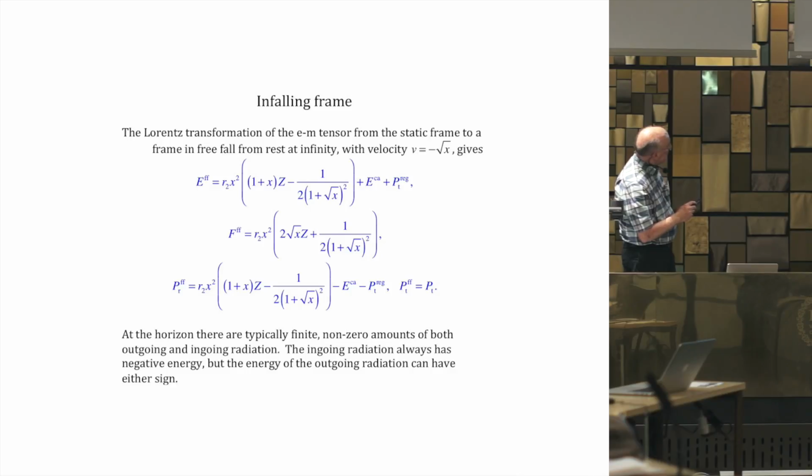So in the freely falling frame, a frame freely falling from rest at infinity, there are typically finite non-zero amounts of both ingoing and outgoing radiation on the horizon. The ingoing radiation always has negative energy, but the energy of the outgoing radiation can have either sign, as we saw comparing the spin 0 and spin 1 cases.